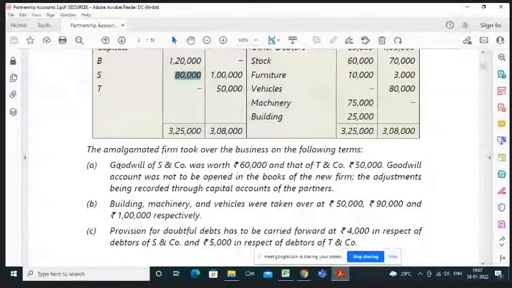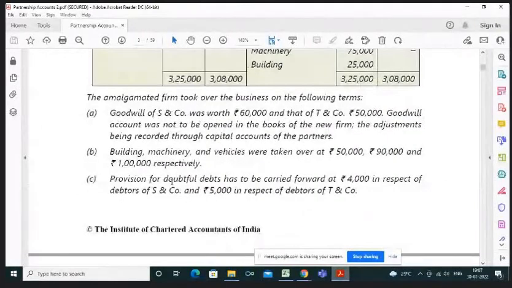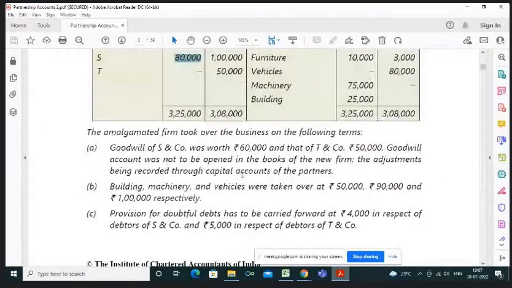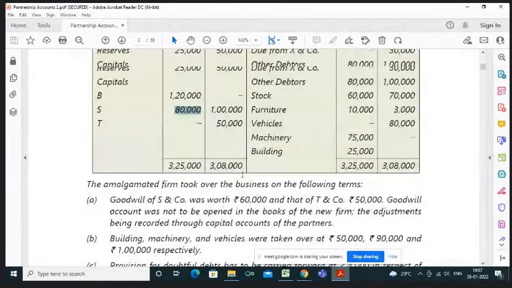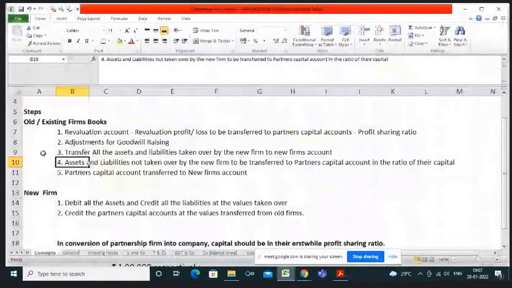Here they are not telling anything explicitly about what assets are not taken over by the new firm. So it is a given that they are taking over all the assets and liabilities of the existing firm. So now we have to transfer all the assets and liabilities to the new firm's account.